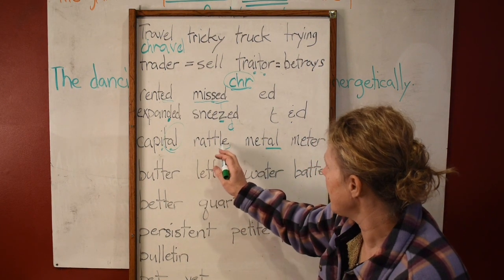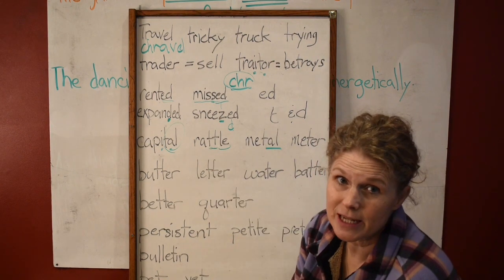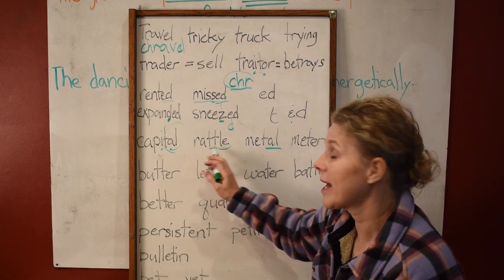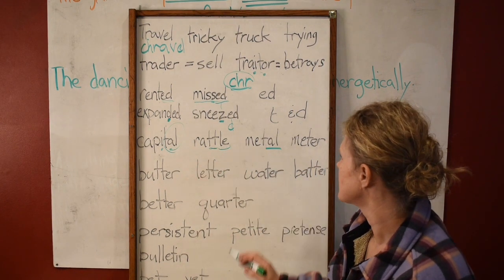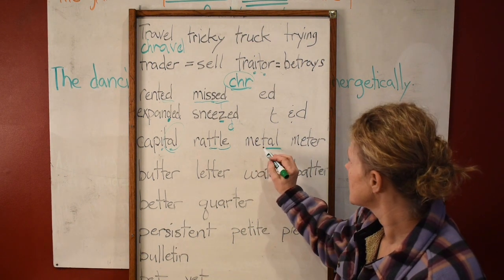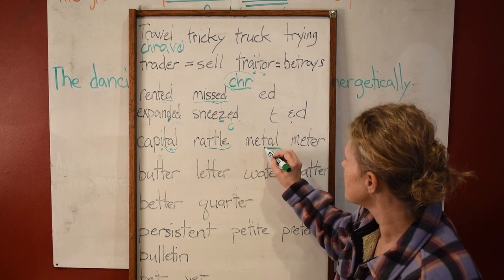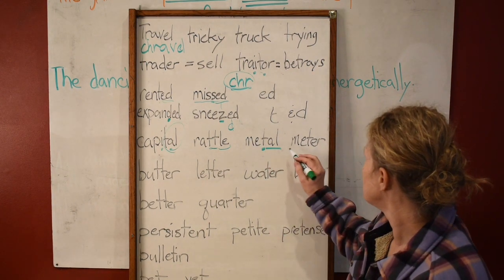This L sound helps the T turn to a D. So this is actually rattle, not "raddle." Metal, not "meddle." I would just work on that to make it say the T sound.